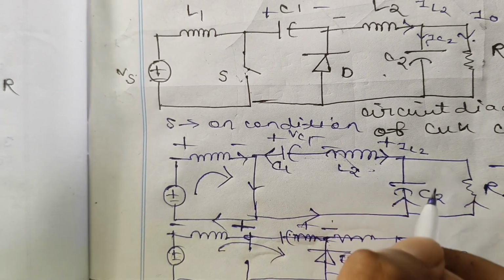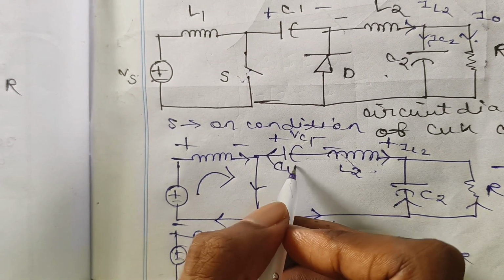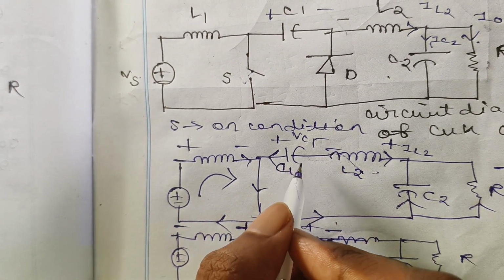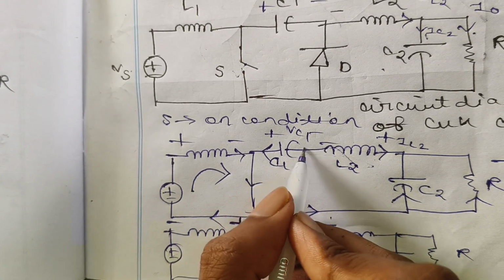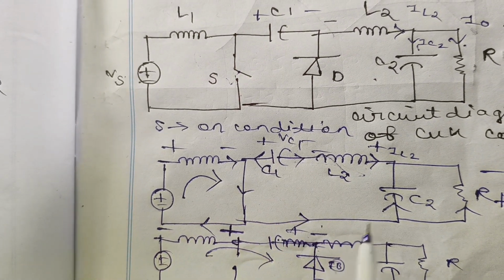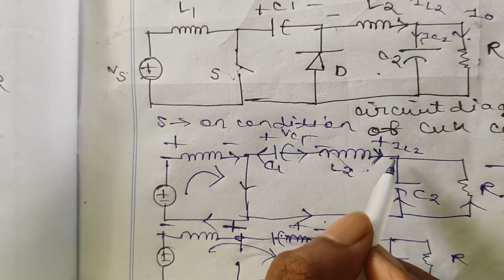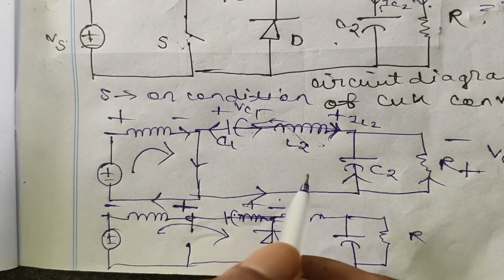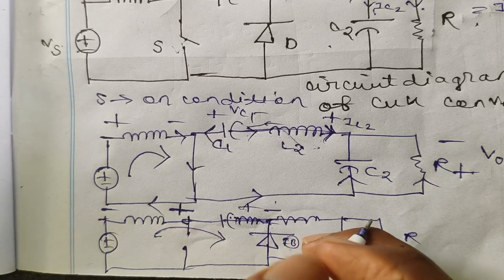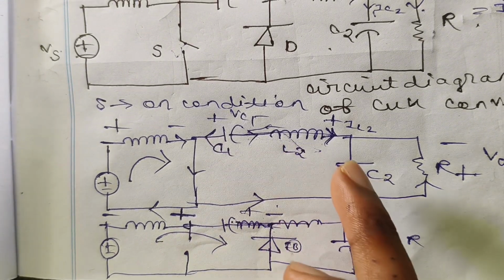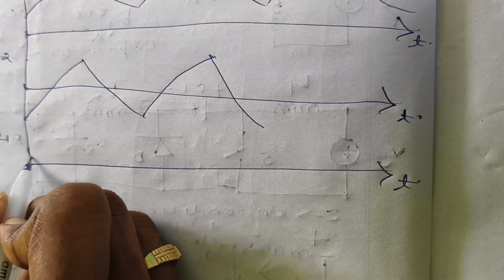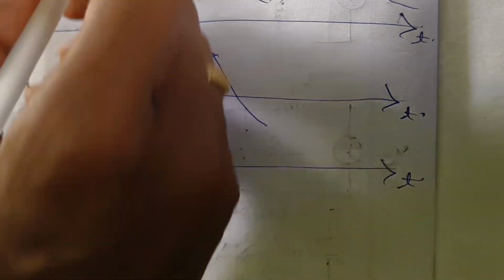So IC1 is nothing but IL2 whenever the switch is in the on condition.